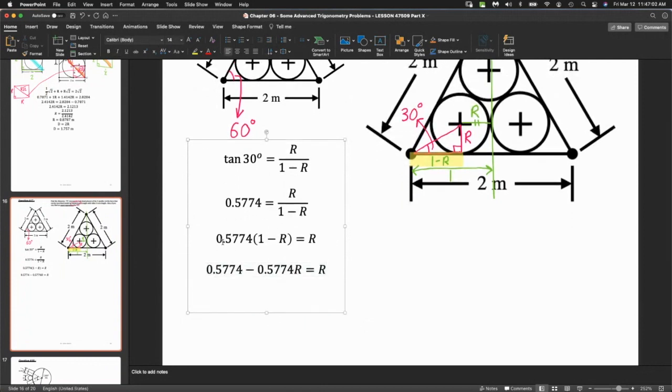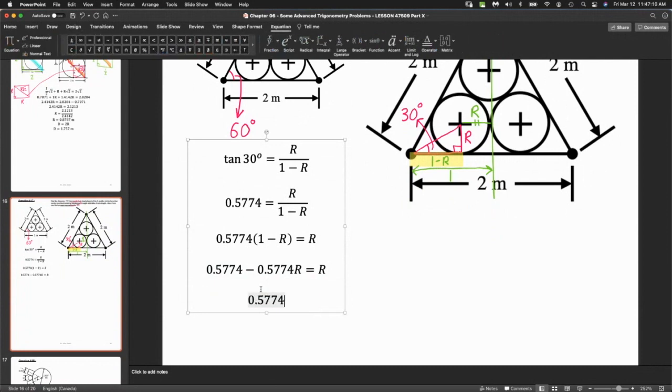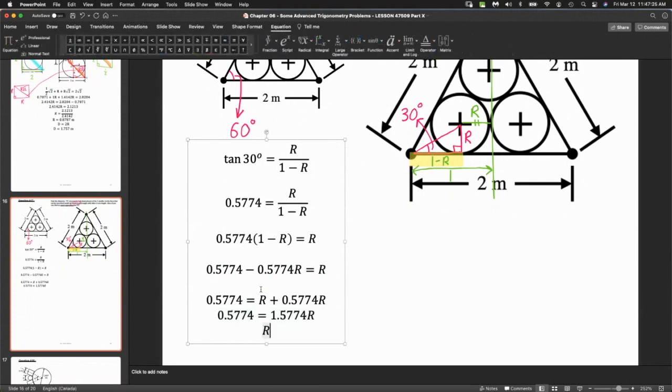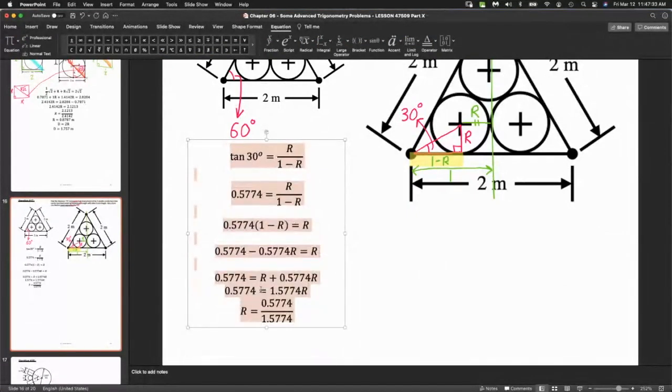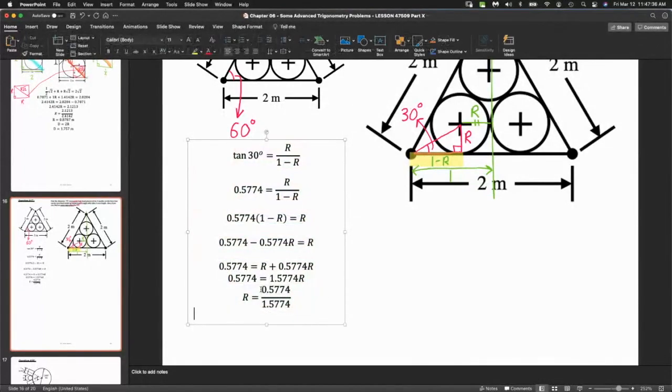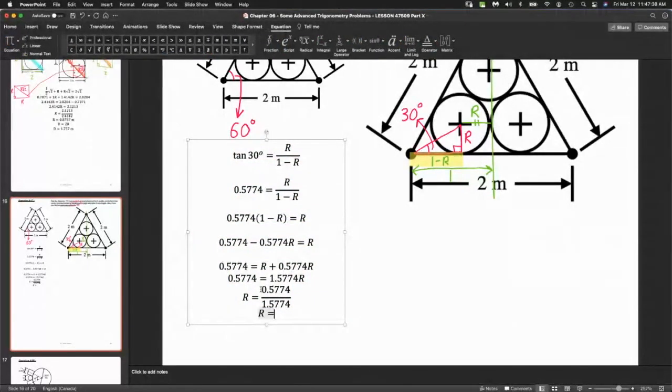Anyway, I've distributed the 0.5774 into the brackets. Let's move that to the other side. Okay, can someone do some calculator work here with me? What does R equal?